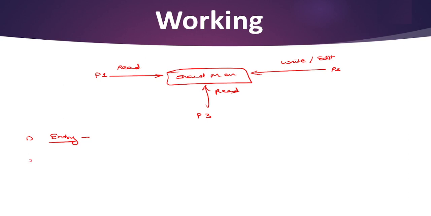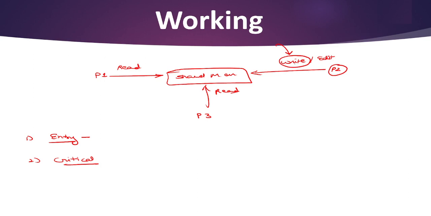Then we have the critical section. The critical section makes sure that only one process is modifying the shared data. So it is the responsibility of the critical section, जो कि परमिशन देता है सिर्फ एक ही प्रोसेस को at the same time कि वो किसी पर्टिकुलर टाइम पे उस डेटा को राइट कर रहा हो.